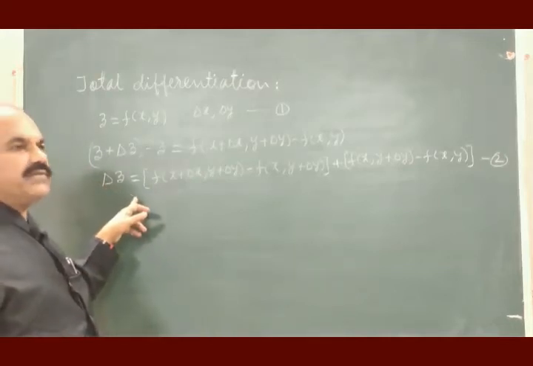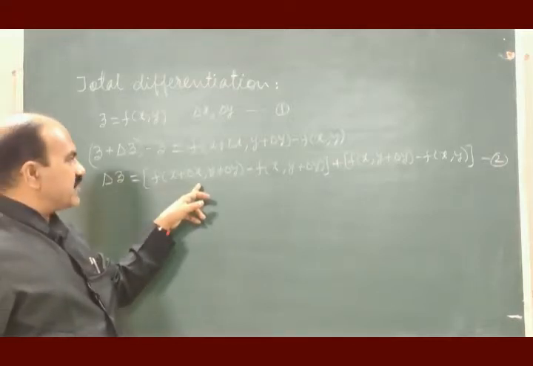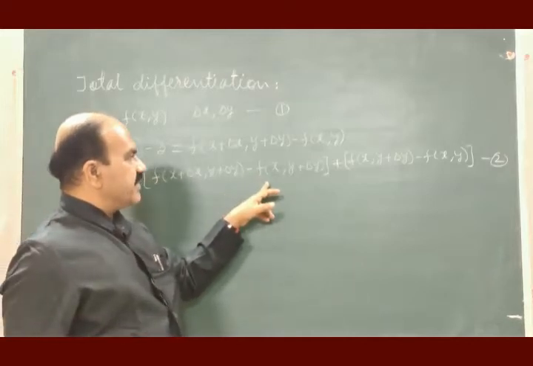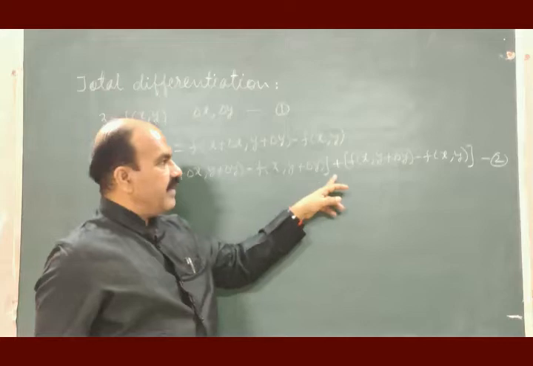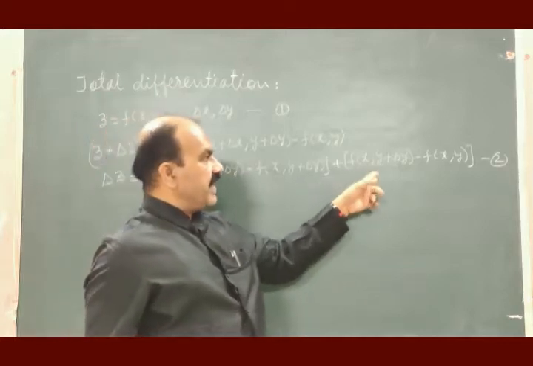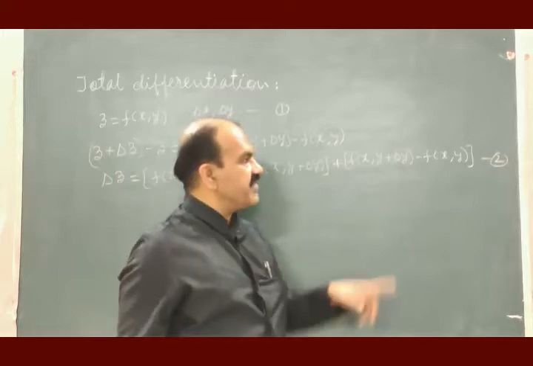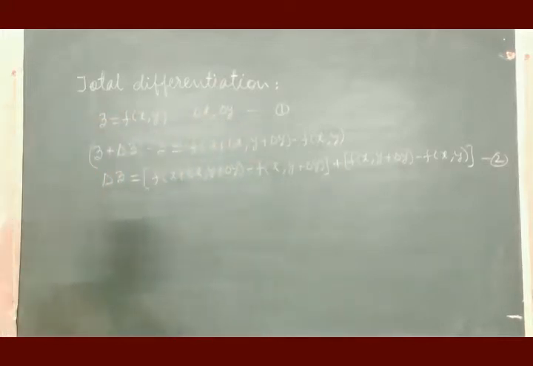Delta z is equal to f of x plus delta x comma y plus delta y minus f of x comma y plus delta y plus f of x comma y plus delta y minus f of x y, equation number 2.